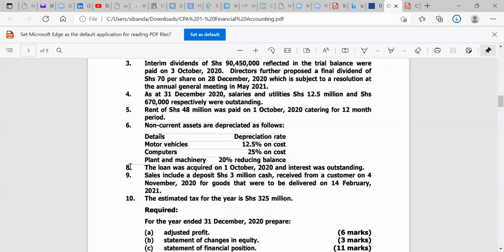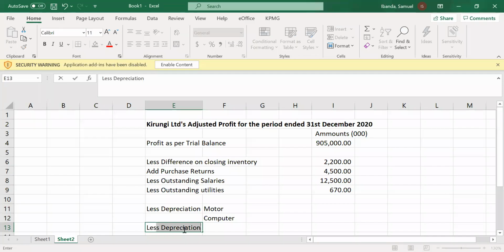So let's just look at this one as well. The loan that was acquired had an interest. We already calculated the interest for the 3 months. Your question should be, does this interest increase my profits or reduce my profits? Can I hear from somebody? Does the interest increase our profits or reduce our profits? It reduces. So you just come here and say less interest.